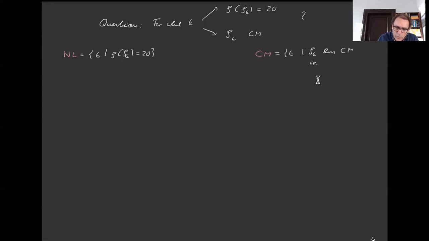In this case, it means that the endomorphism field is of degree 2 over Q. So standard Hodge theory tells us that the Noether-Lefschetz locus in C, so C as the base A1, is in fact countable and dense.